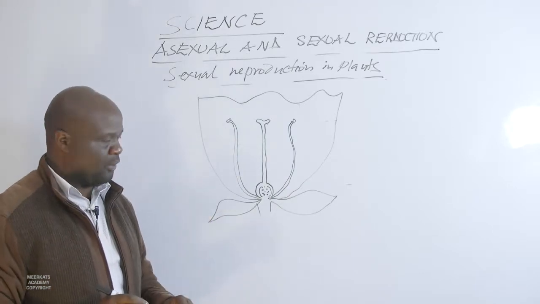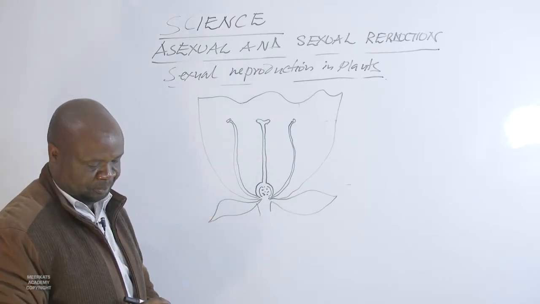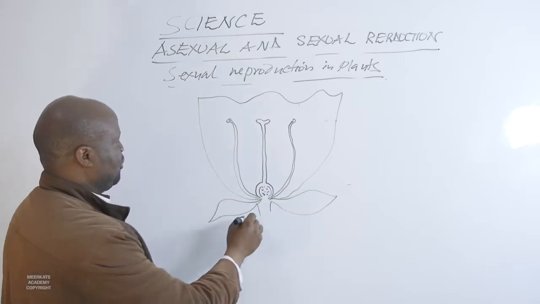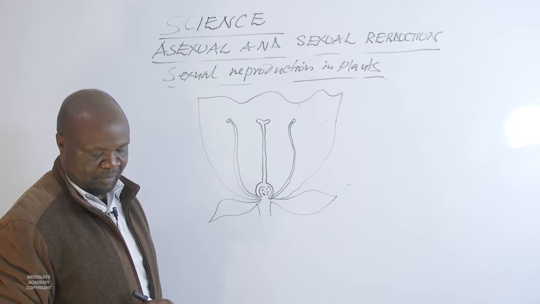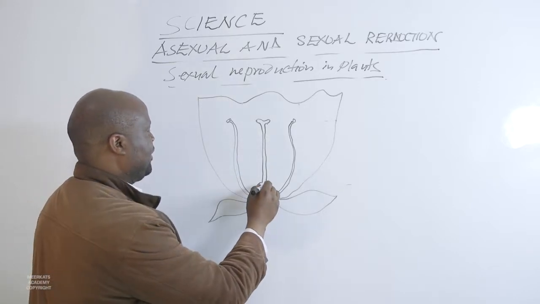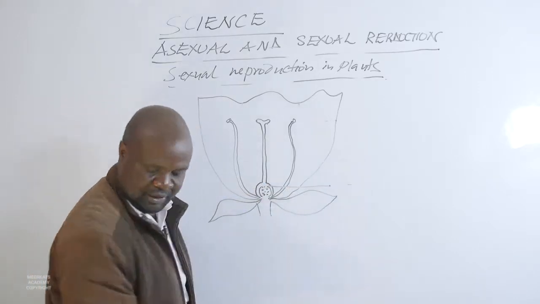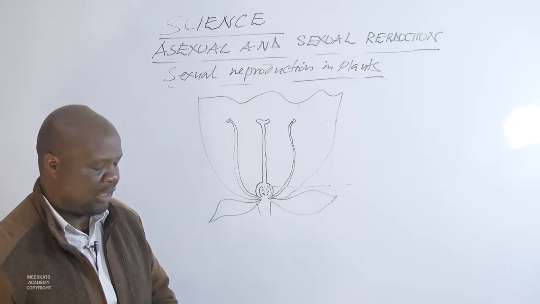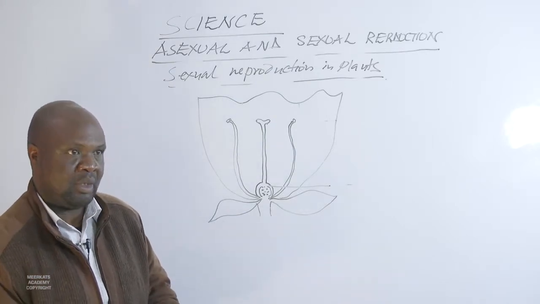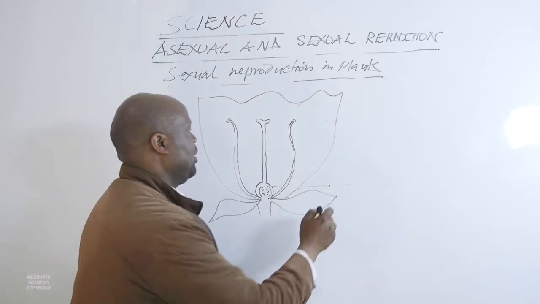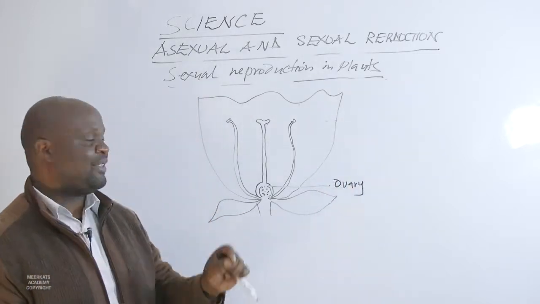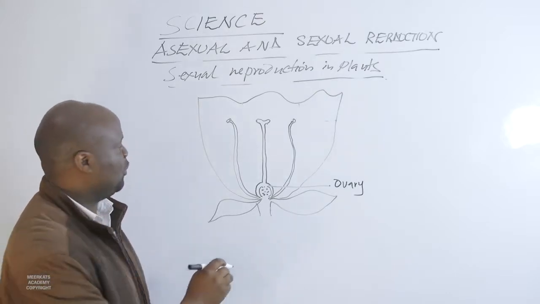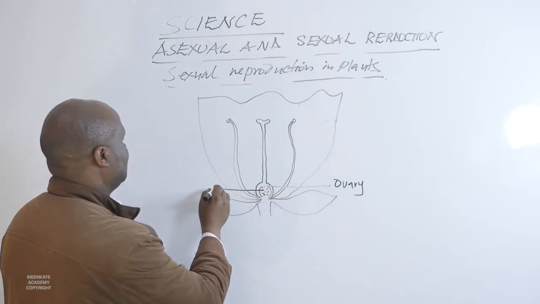We can start by giving what we are seeing in here in between. This is what we refer to as the ovary, and the ovary is between there, and inside the ovary is where we have the ovules.